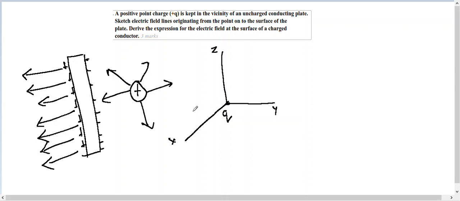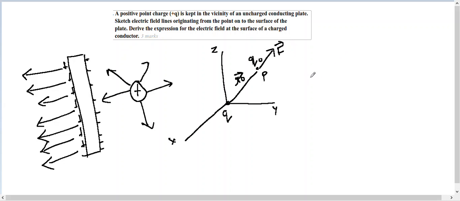Let Q naught be any test charge placed at P. So we are taking any test charge Q naught that is placed at point P, and it is going to be at a distance of R naught from the charge Q. So taking it in vector form, it is going to be like this. So that's the direction of the force experienced on this test charge Q naught.